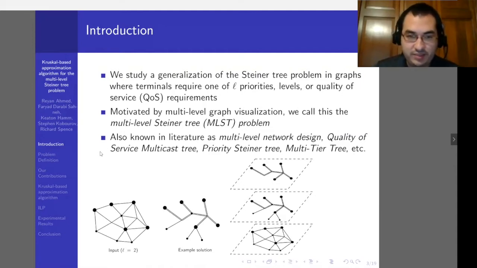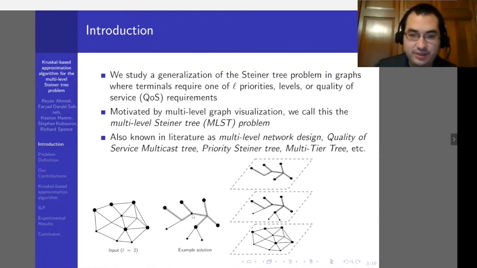The idea behind this problem is that we're given a graph as before, where some of the terminals have a higher priority, which we indicate by the larger circles on the left. In this input example, we have a graph with 5 terminals of, say, priority 2, and 4 terminals with priority 1.